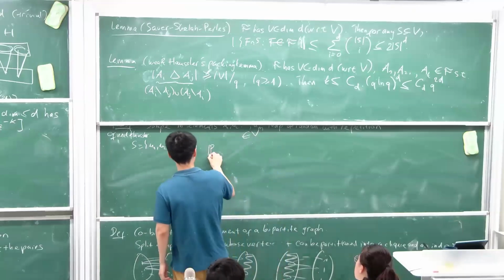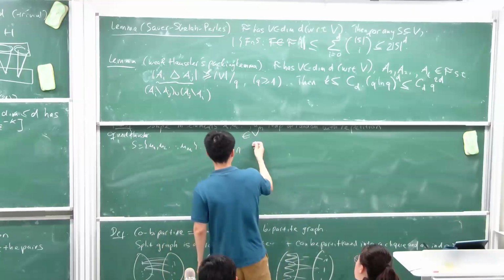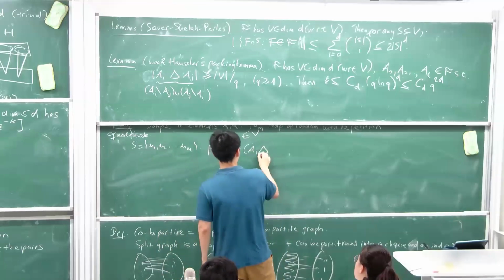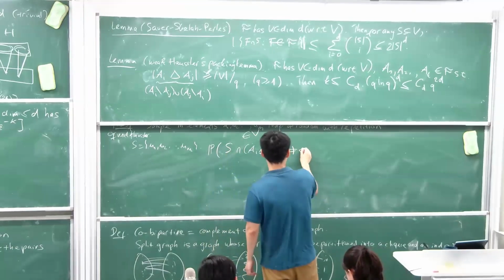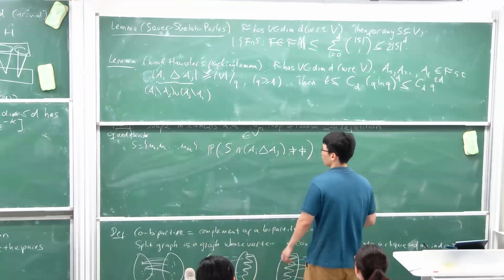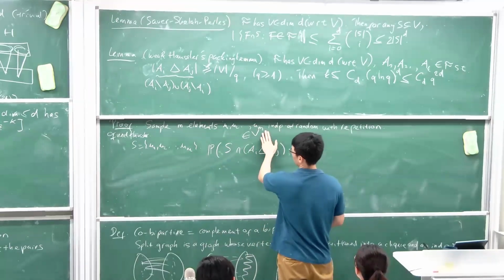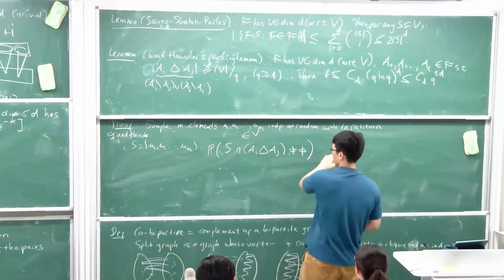The probability that S intersection with the symmetric difference of A_i and A_j is empty is what? I sample m elements uniformly and independently at random with repetition.